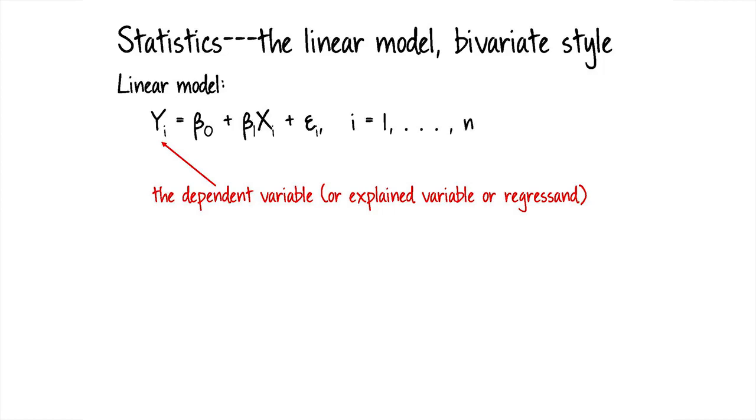So y is what we call the dependent variable, okay? Sometimes you will hear that referred to as the explained variable or the regressand. I would say hardly ever do I hear those terms, but those are both legitimate terms for the dependent variable. And then the x variable is typically called the regressor or explanatory variable, or sometimes called the independent variable.